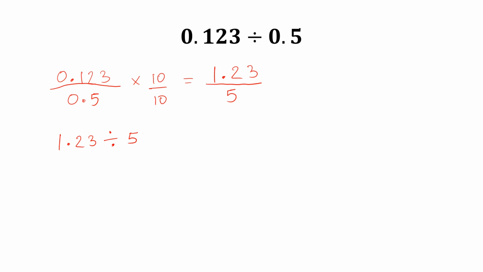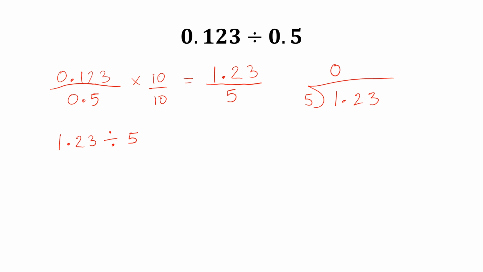So let's divide, guys. Right here we have 5 as our divisor, and as our dividend we have 1.23. So let's divide. So it's 5 into 1, that's 0 times, so we can put our point right there.